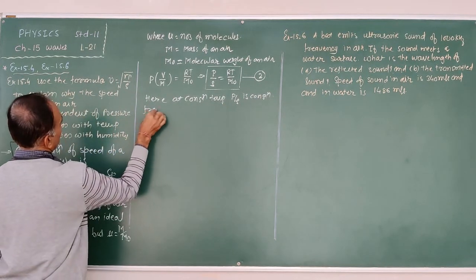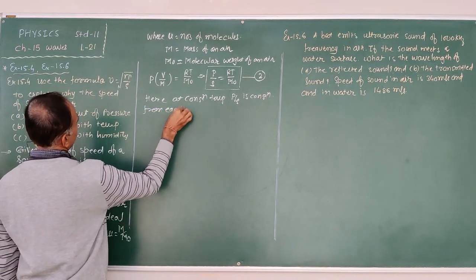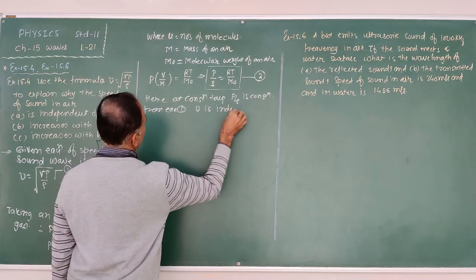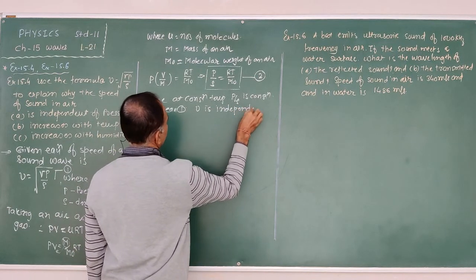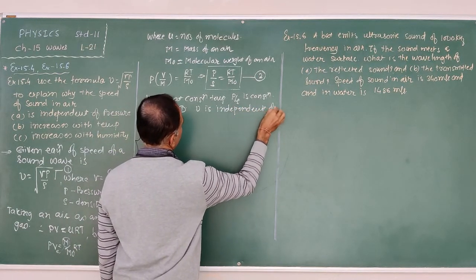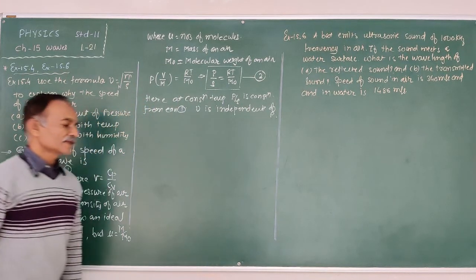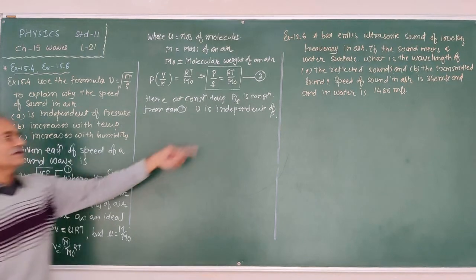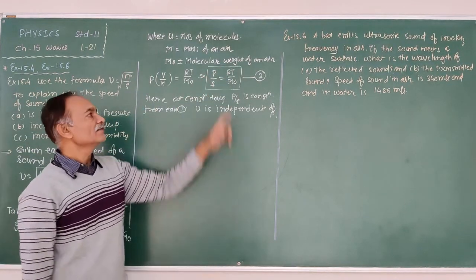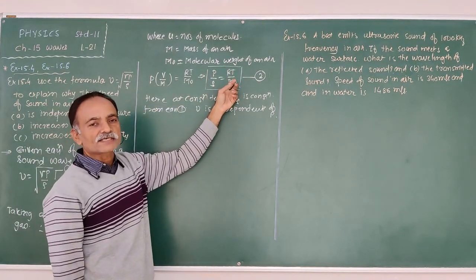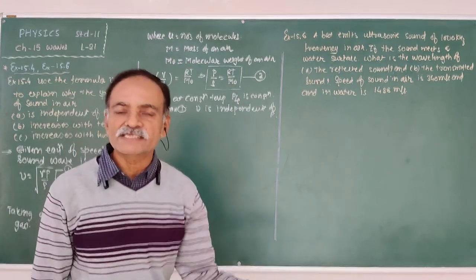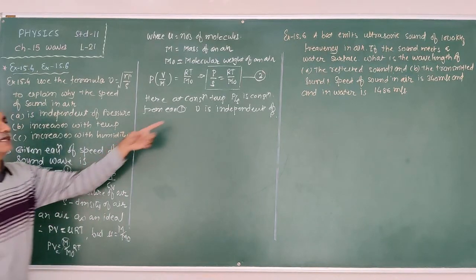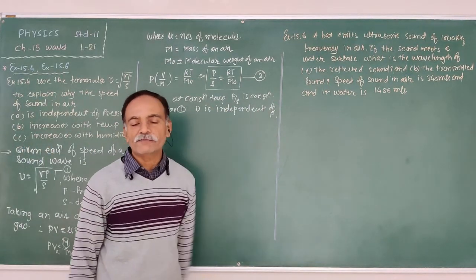Therefore, from equation 1, V is independent of pressure, because gamma is already constant and P upon rho is constant. The speed of a sound wave in a medium is independent of pressure.